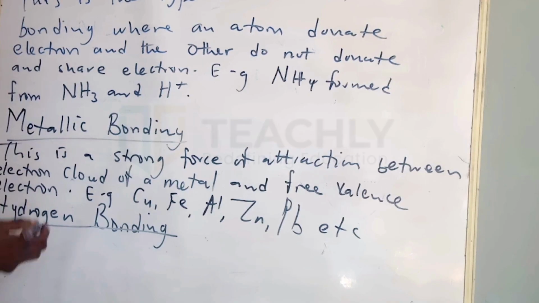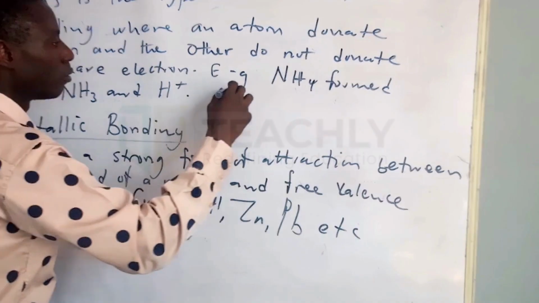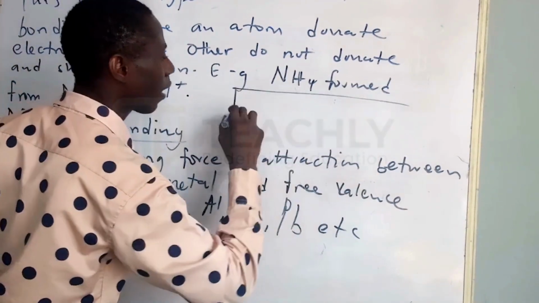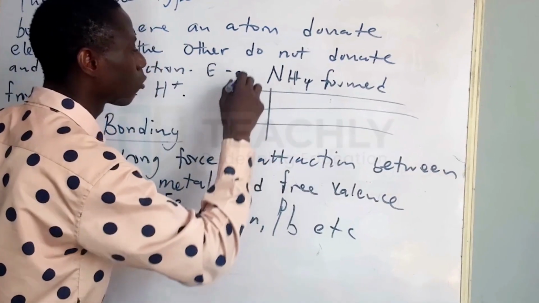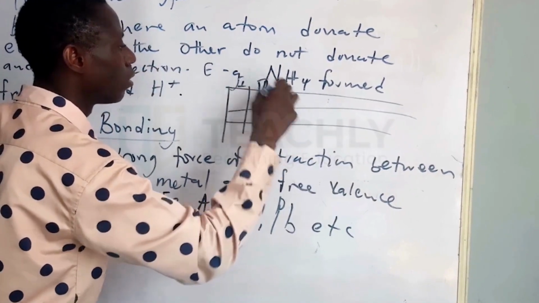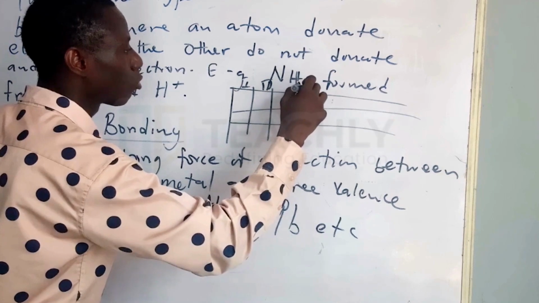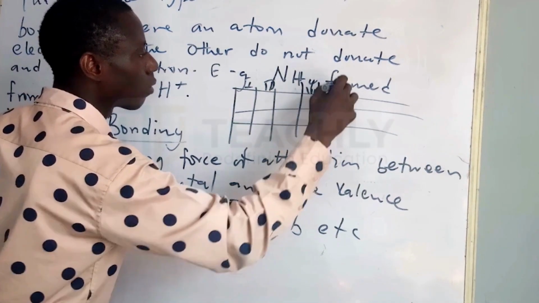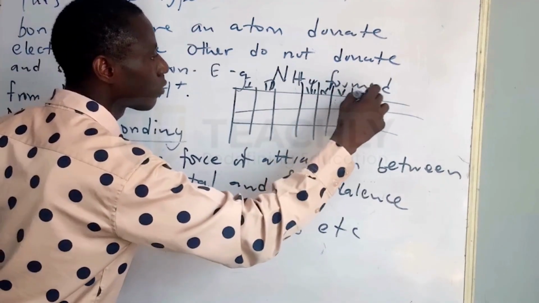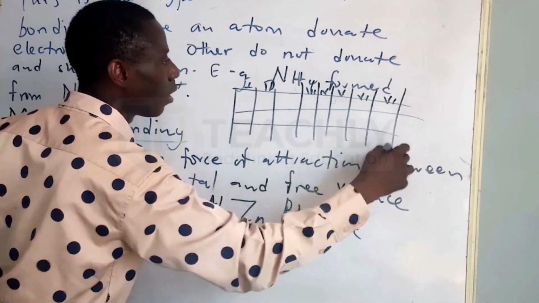So if you look at the periodic table, in the periodic table we have what we call groups and periods. Let's say that this is group 1, group 2, group 3, group 4, group 5, group 6, group 7, and group 0.